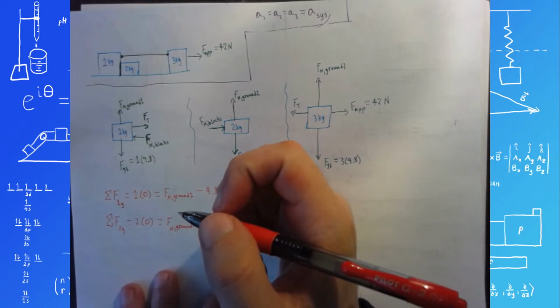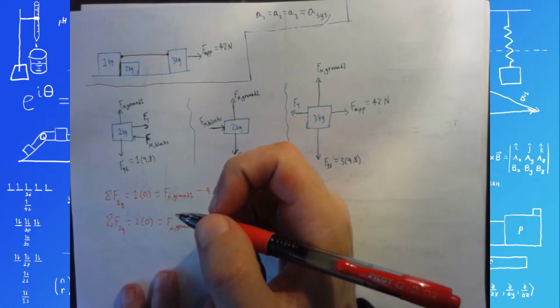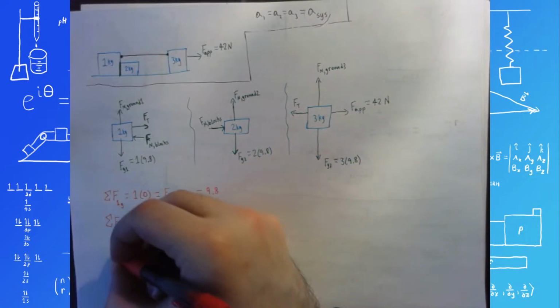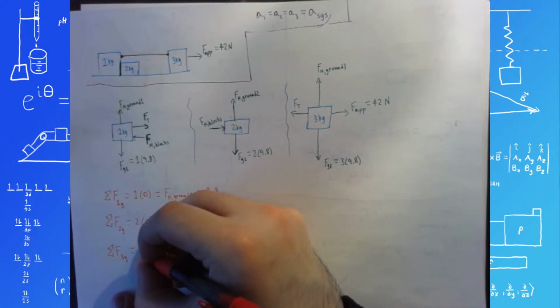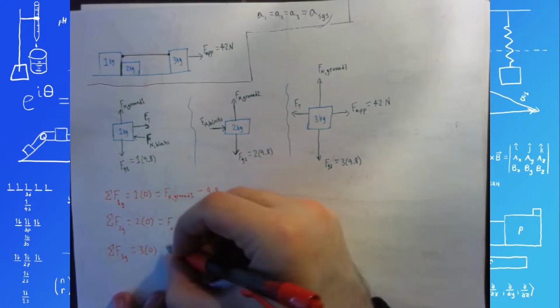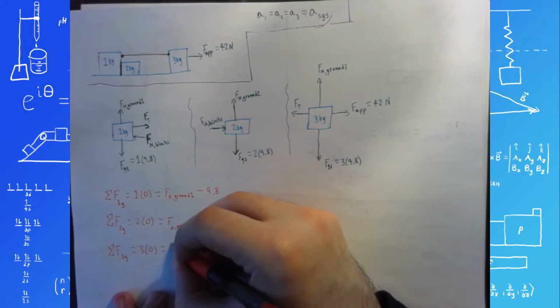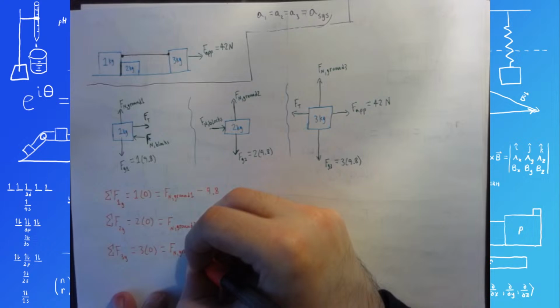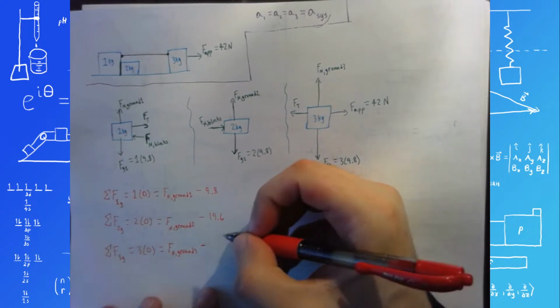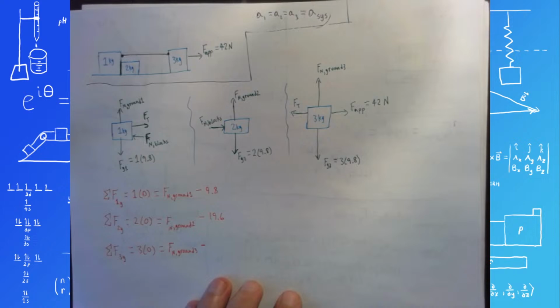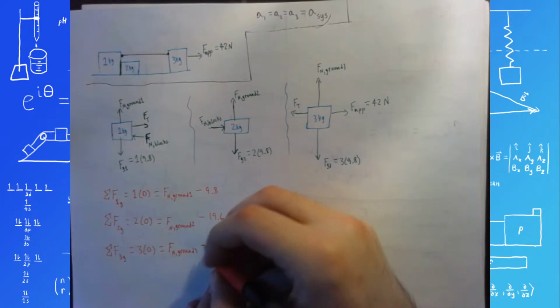Okay, and net force 3 for the y direction is 3 kilograms times 0 equals normal force between the ground and block 3 minus, what's that going to be, 29.4.